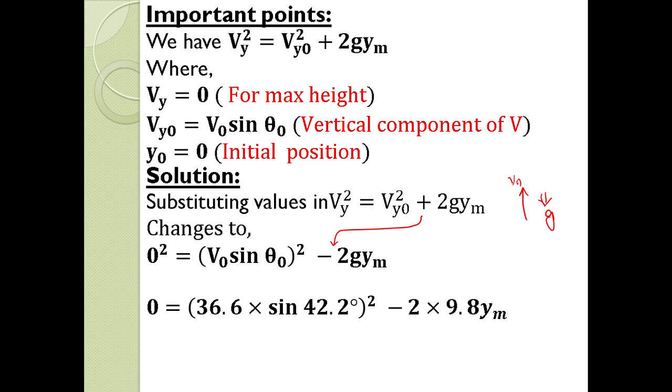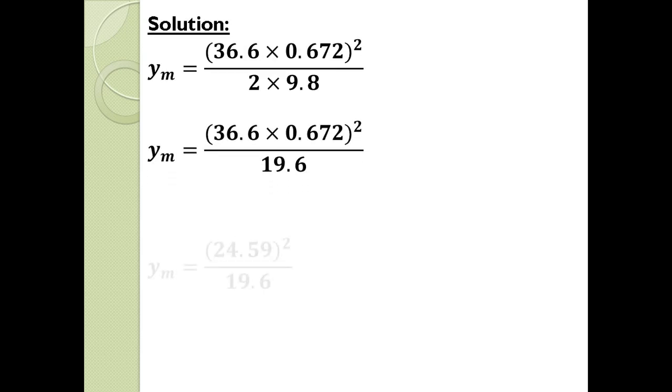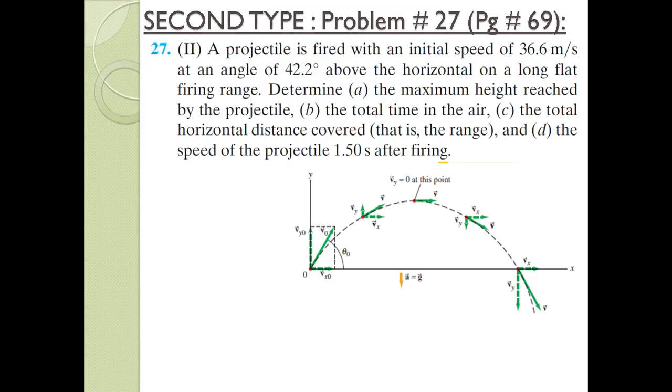The values are 36.6 for v naught, angle 42.2, and negative 2 times 9.8 times ym. Rearranging, negative 2 times 9.8 and y becomes positive, and we divide on the other side. The simplification gives me an answer of 30.8 meters.